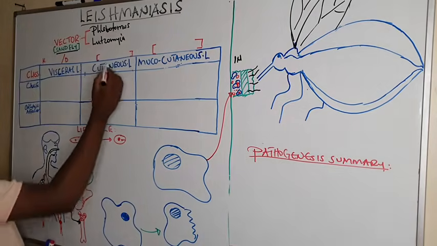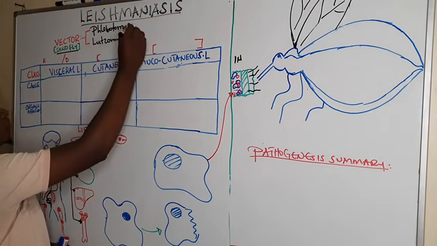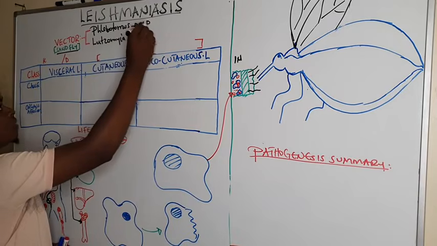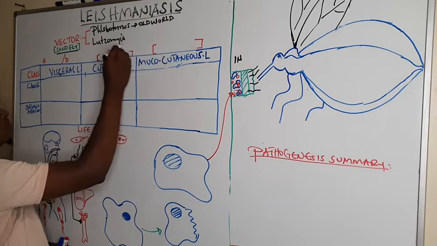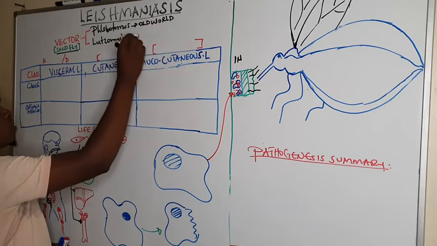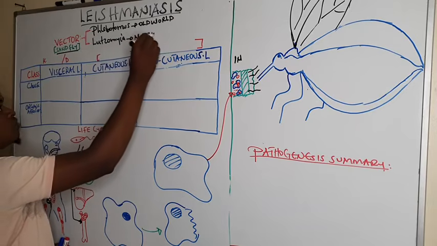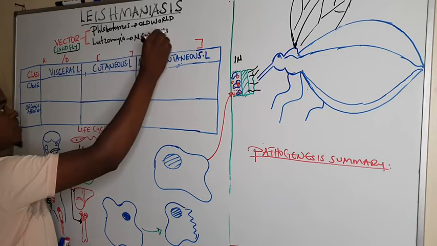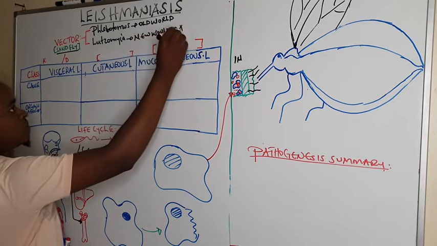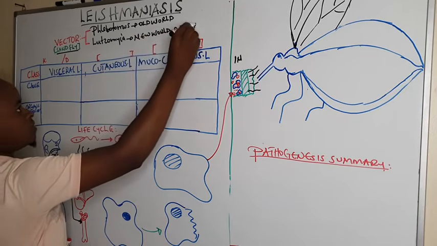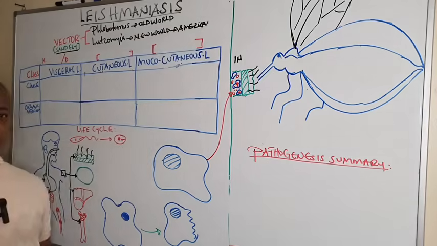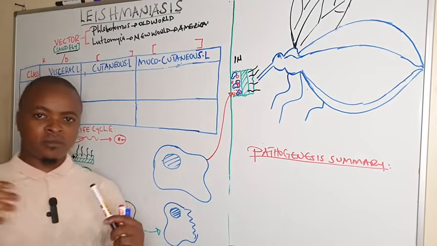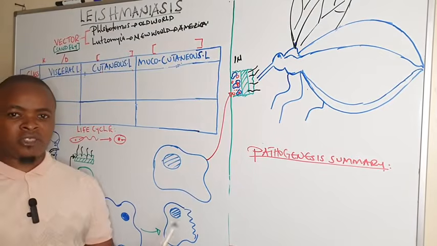This phlebotomers is found in what we call the Old World. Then Rhizomia is found in the New World. When we talk about New World, we mean America. So this one is found in American places like Brazil, South America, and Central America.